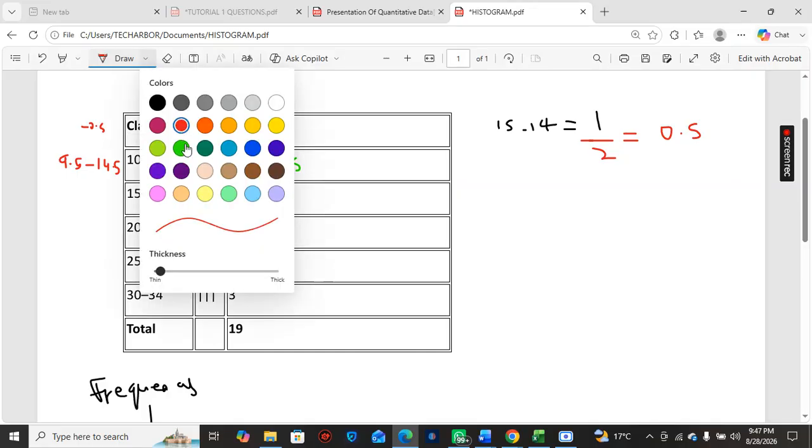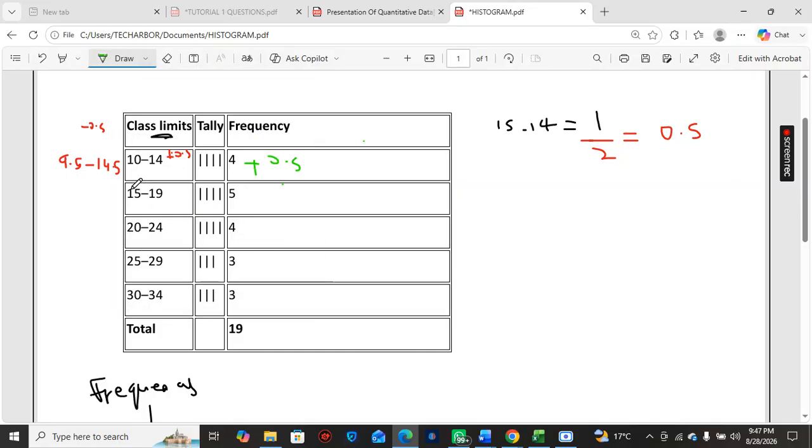The next class, 15 minus 0.5. Remember, the numbers on the left, you're subtracting 0.5; numbers on the right, you're adding 0.5. So 15 minus 0.5 is 14.5. As you can see, these classes have been connected with this 14.5. They've both been connected. 19 plus 0.5, 19.5.